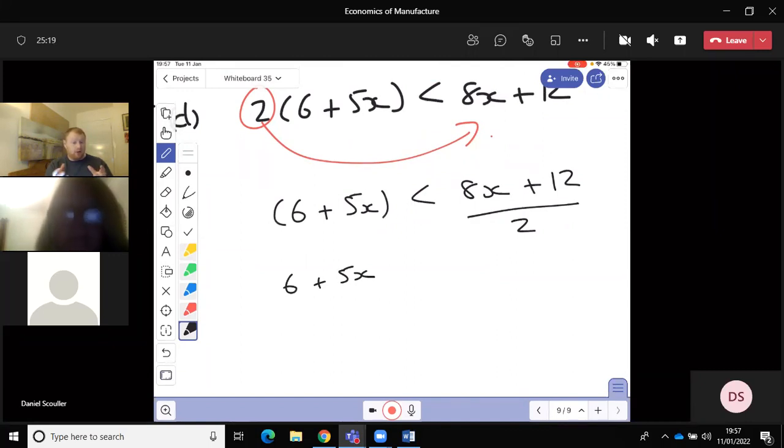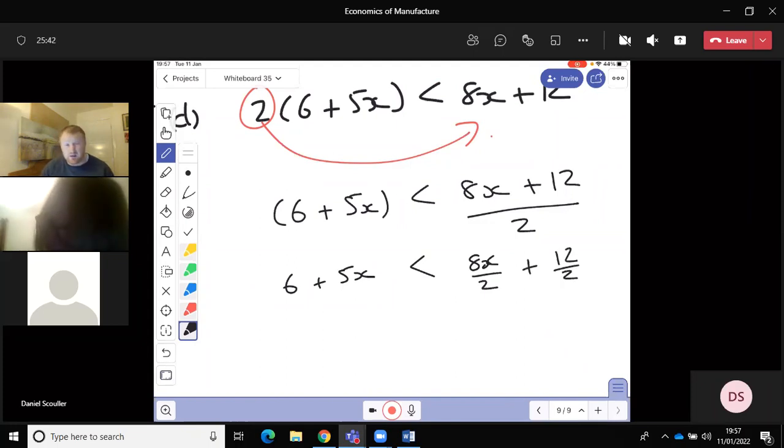But because there's nothing outside that bracket, nothing to multiply or add or to the power of, we can remove that bracket and that makes sense. So I can also break that fraction apart over there and write it like that as well.